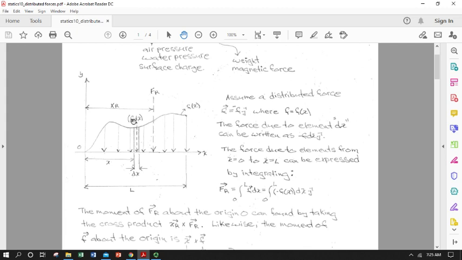To get the area, we could take the y point, which is f at whatever point we are, and it changes at every point, and then multiply by the width.